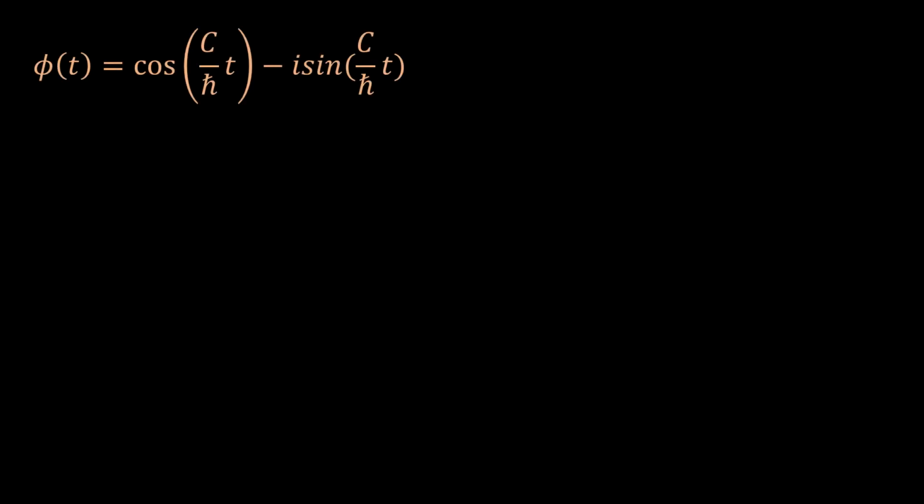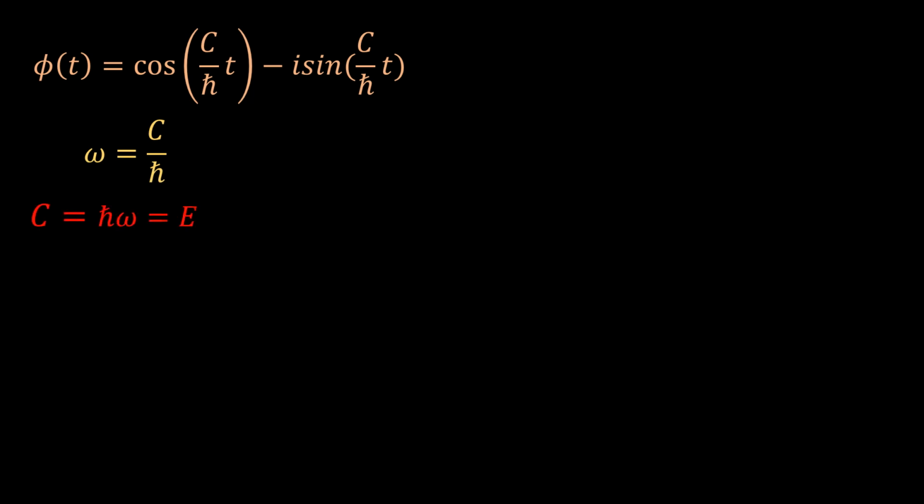Phi of t can be written in terms of sine and cosine as follows. For c on h bar times t to have units of radians, then c over h bar must have units of angular velocity omega. So we have omega equal to c on h bar.